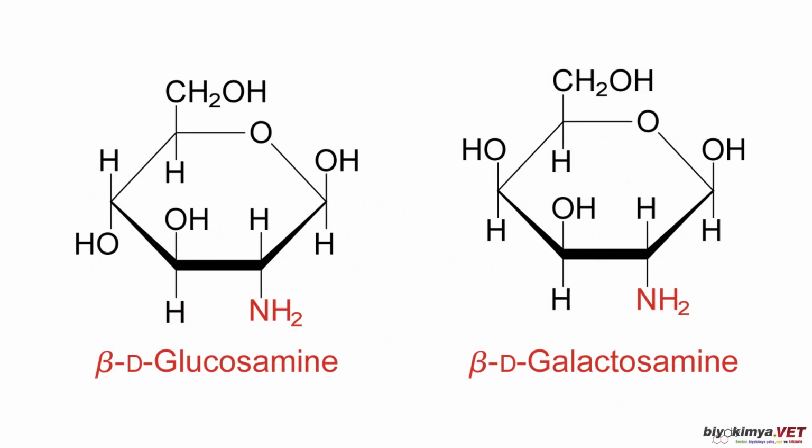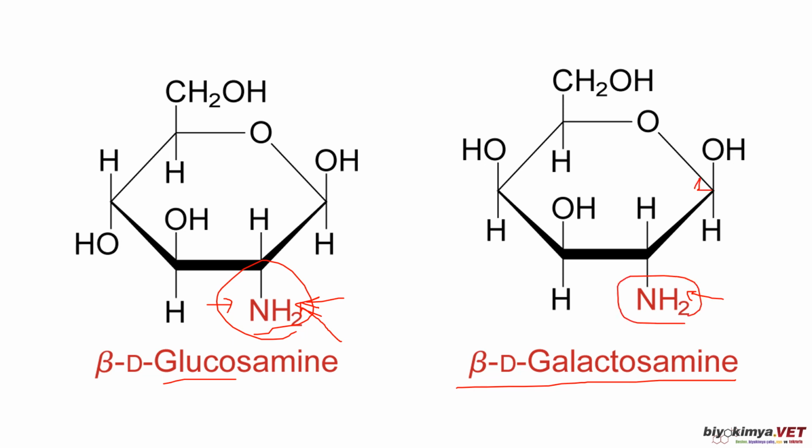Within these two molecules, as you see, beta-D-glucosamine is a glucose carrying an amino group. It's a substitution reaction because in glucose we have the hydroxy group here, but it is replaced with the amino group. In beta-D-galactosamine the same thing happens: this is the first carbon, and the second carbon is replaced with the amino group.